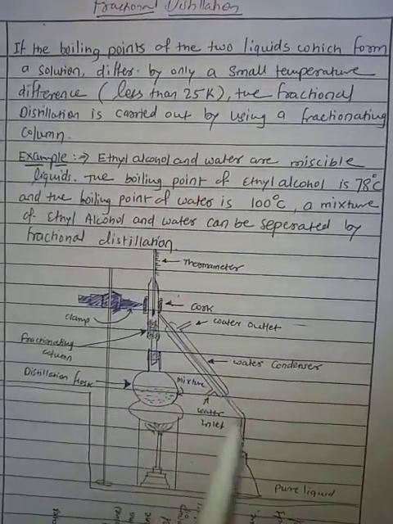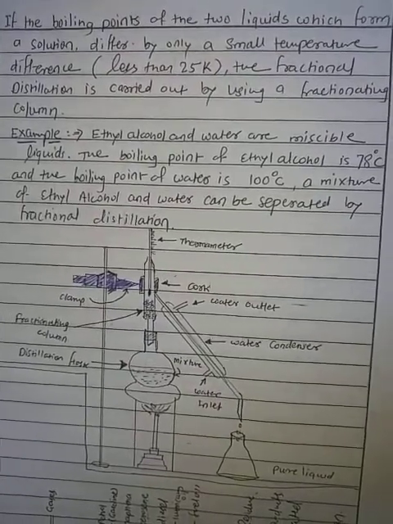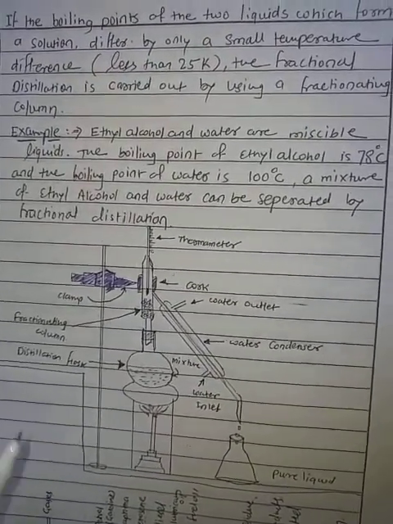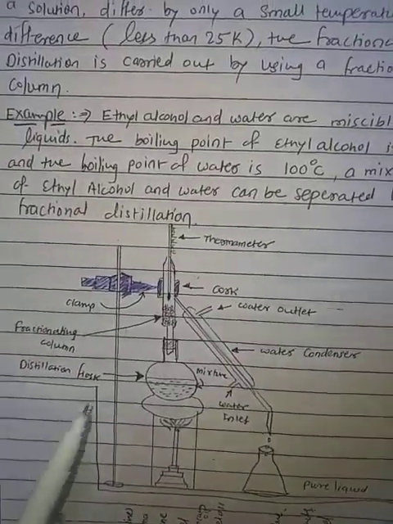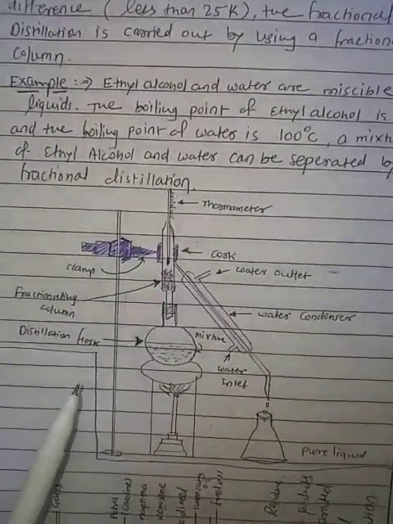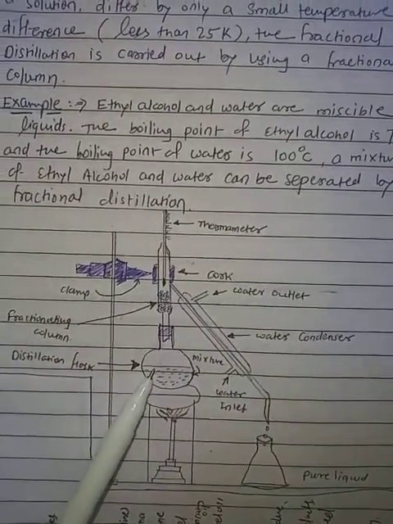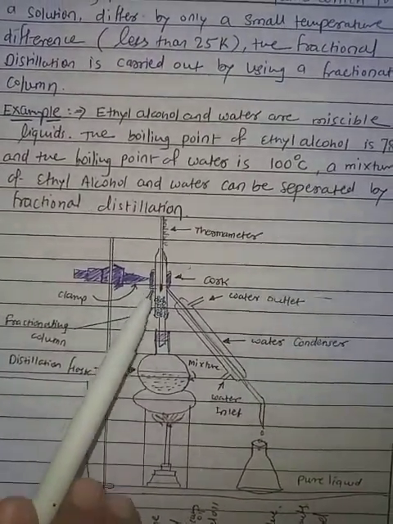So see, how can we separate this? Method and discussion about the fractional distillation. First, the mixture of ethyl alcohol and water is heated in a distillation flask fitted with this fractionating column.